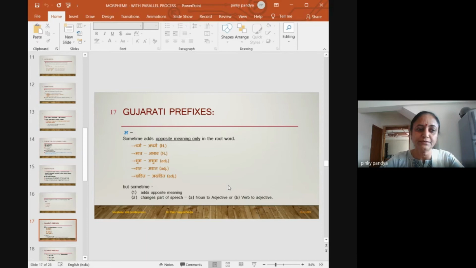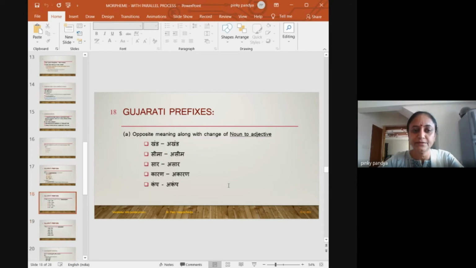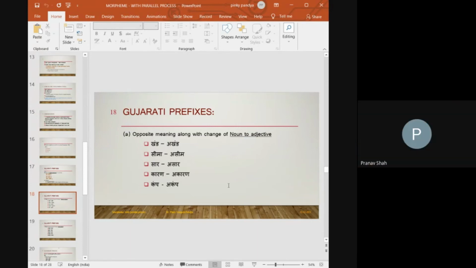In Gujarati, there is a prefix a. Sometimes it gives only antonyms, like dharma, adharma, bhava, abhava, kshata, akshata. But here, it changes both things, meaning and part of speech. Khanda, akhanda. Khanda is a noun and akhanda is an adjective, and it gives the opposite meaning too.